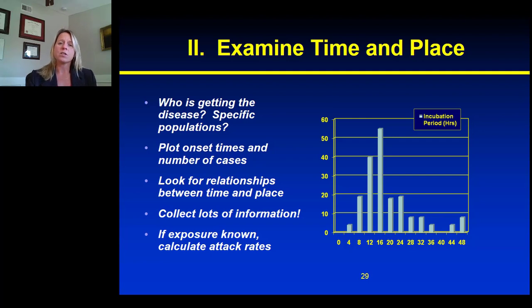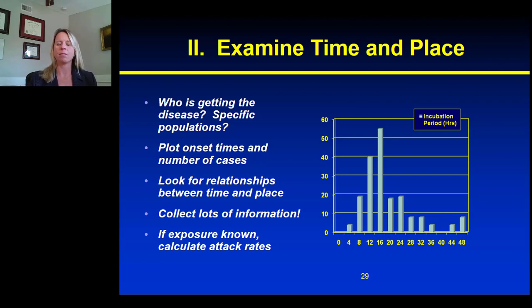So the next step is to determine the time and the place. So who is getting the disease, where are they getting the disease, and when did they get the disease? And we're looking at relationships between these people in terms of their location, when they got the disease, to determine if what we're seeing is an outbreak of the same type in the same people, i.e. a cluster, or perhaps the disease is presenting itself in multiple different groups who are unrelated.